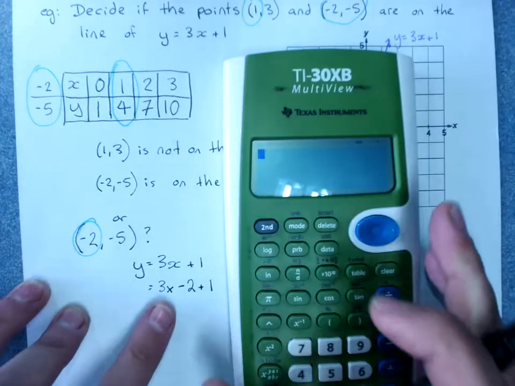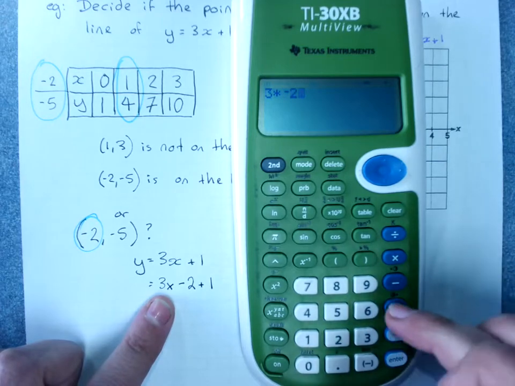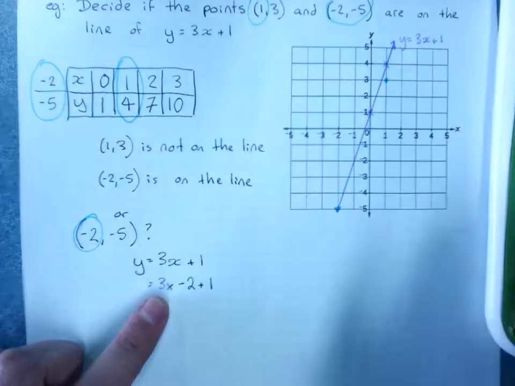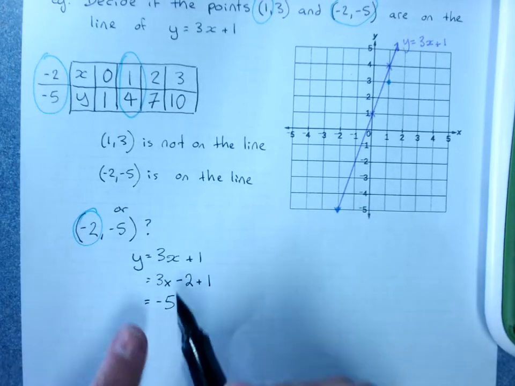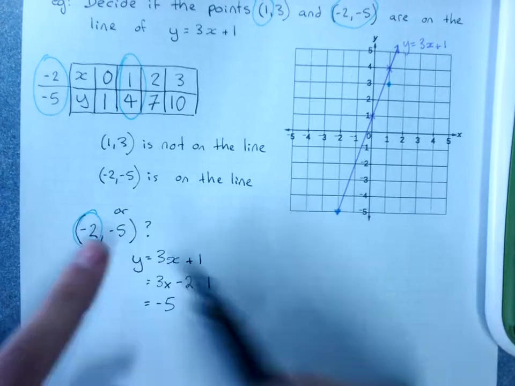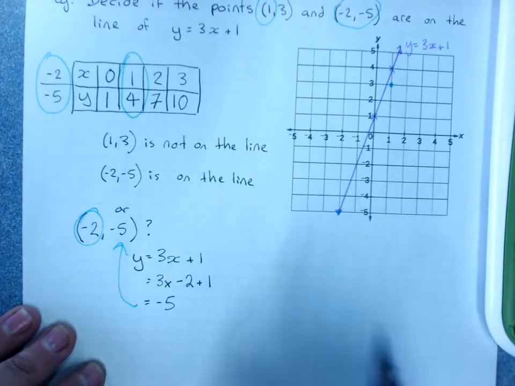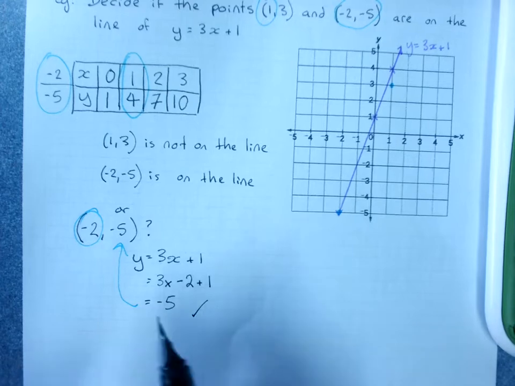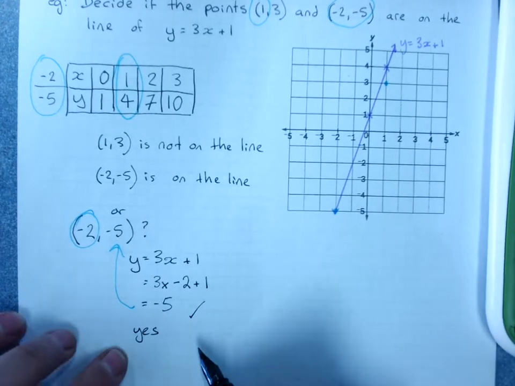Use the calculator the way we did. 3 times -2 plus 1, -5. And if that comes out to be this, then yes. So we would say, yes, the point is on the line.